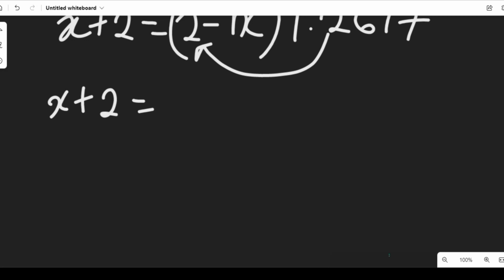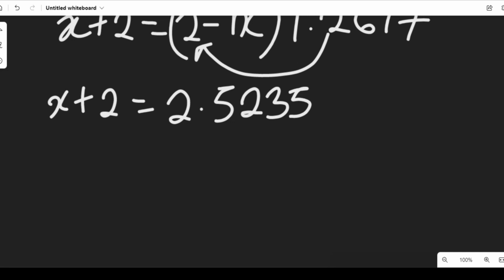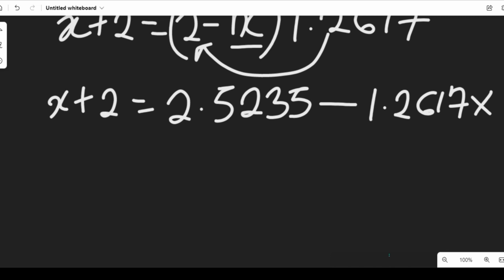If we multiply that by 2, we'll have 2.5235 on my calculator, and then that will be minus this multiplied by x, which gives me minus 1.2617x. Fine. So all we need to do is collect the like terms.